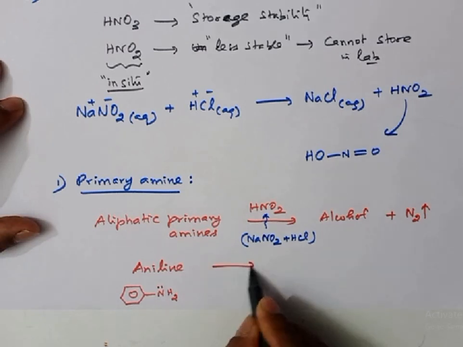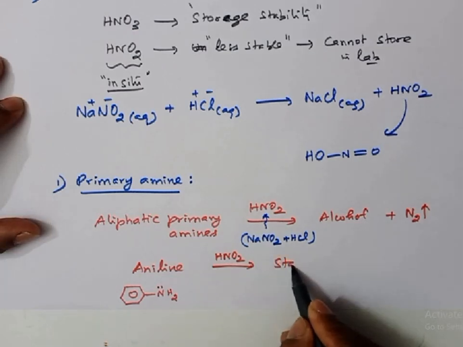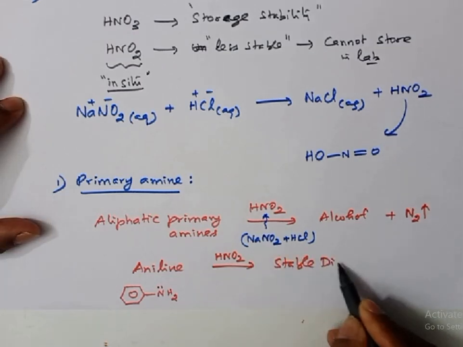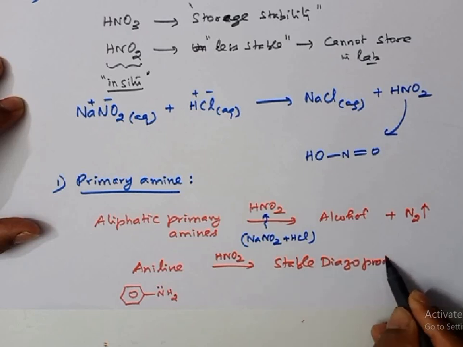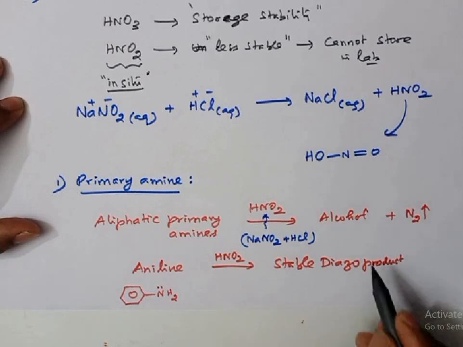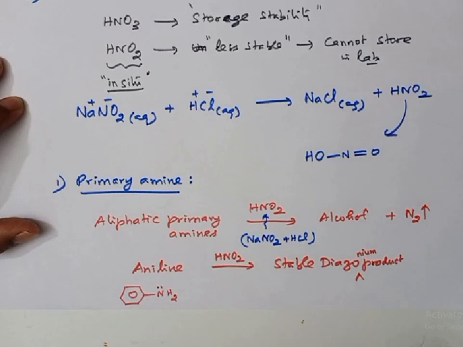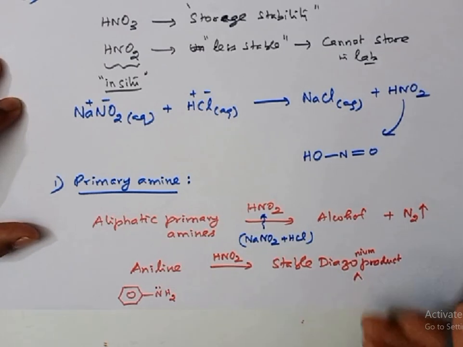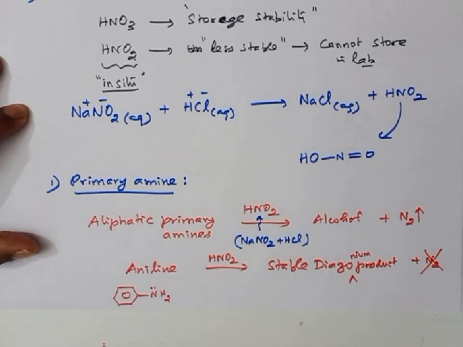But with aniline, if you add nitrous acid, HNO2, you will get a stable diazonium product. Diazonium. You will get a stable diazonium product. In this reaction, you will never get any nitrogen gas evolution. Nitrogen gas evolution never happens here.